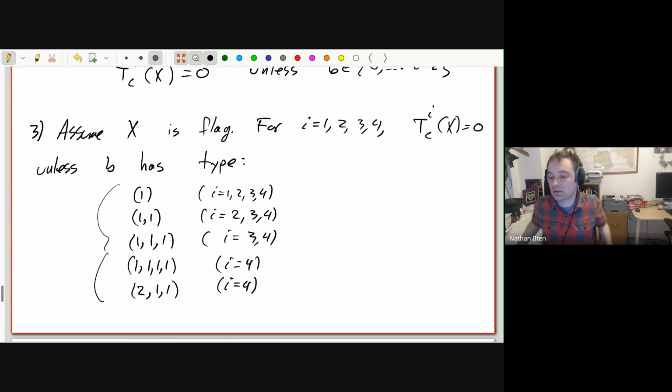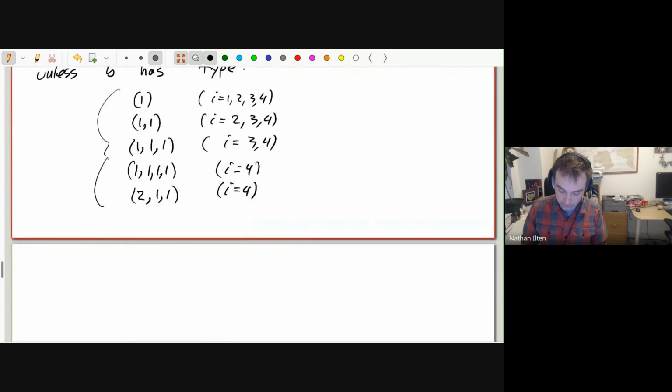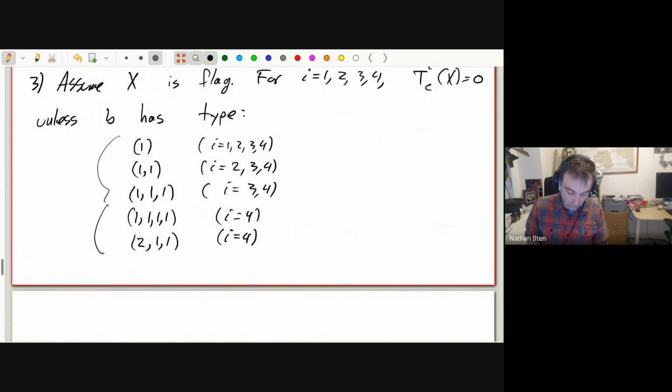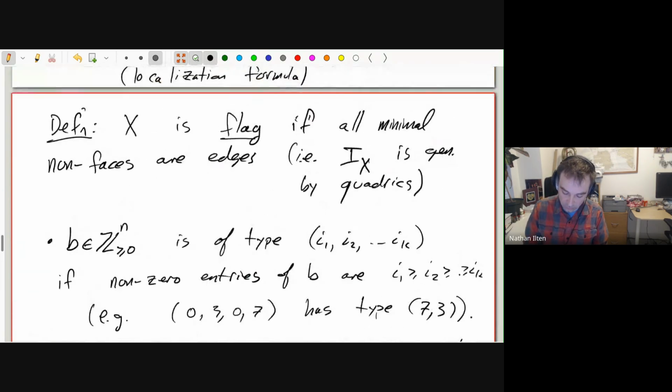Okay, so this is what we can do to generalize 1 and obtain perhaps some stronger results in the special case of flag complexes. Now what I'd like to do is try to generalize point 3 up above. Let me scroll up to this again.